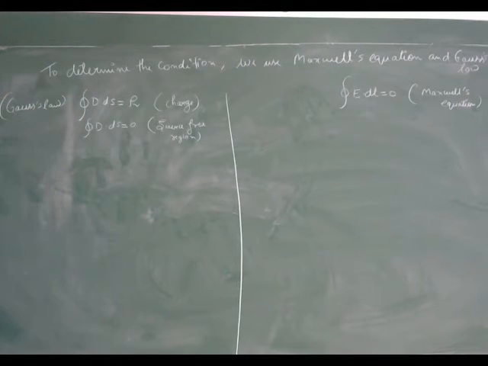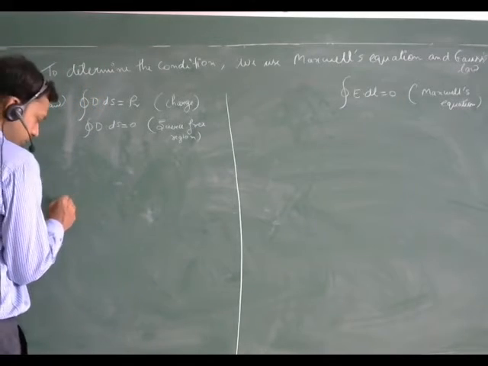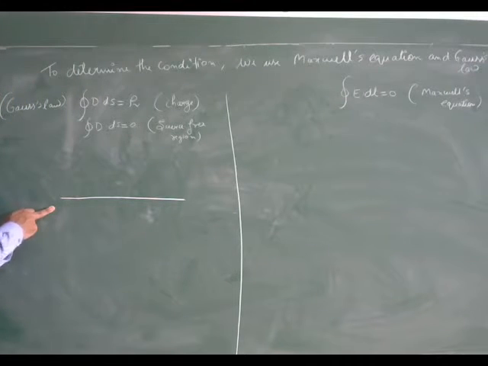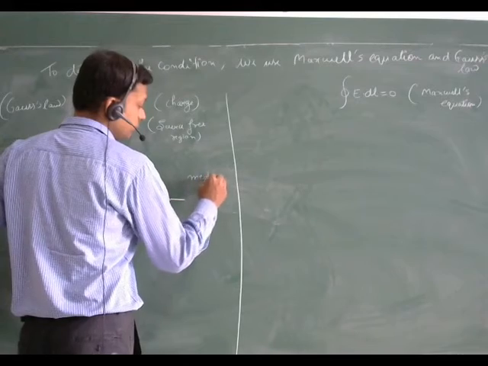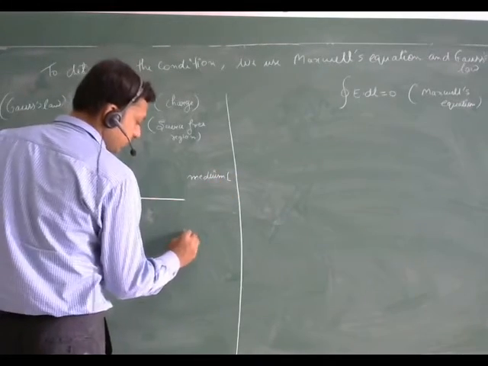Now let us consider a diagram. Here this is a boundary. This is, suppose, medium 1, and this is medium 2.